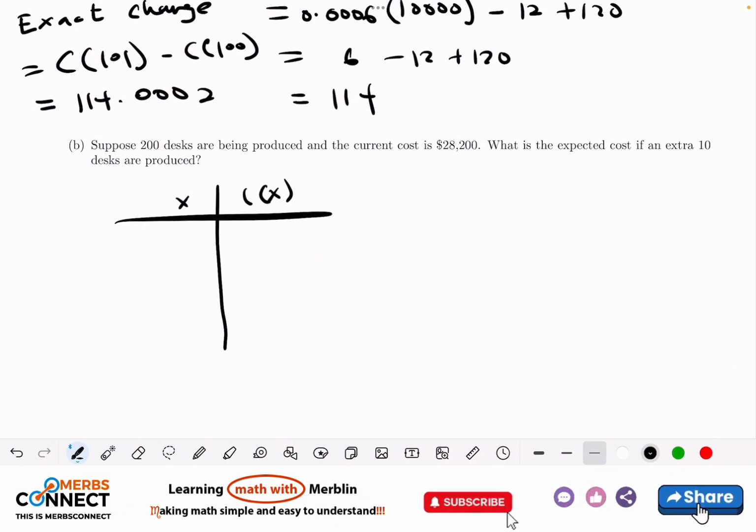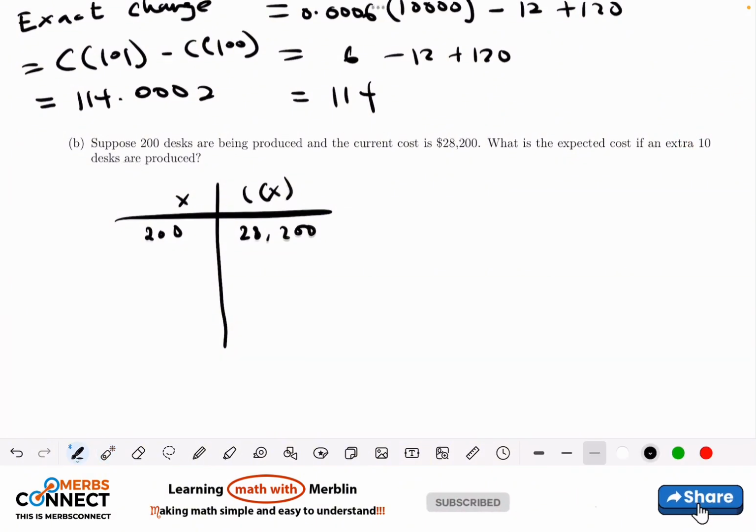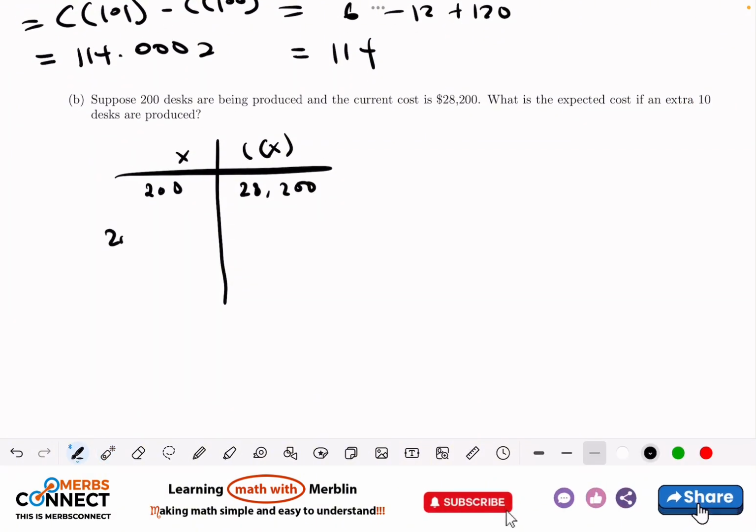Now, X is the number of decks that we produce, so when we produce 200 decks, the current cost is 28,200, right? So we can see here, when we produce 200, the cost is 28,200, right? So now when we want to do an extra 10 decks, it means that now we have 200 plus 10.